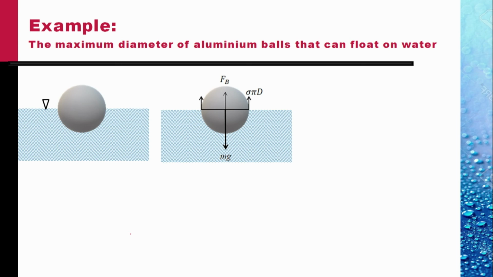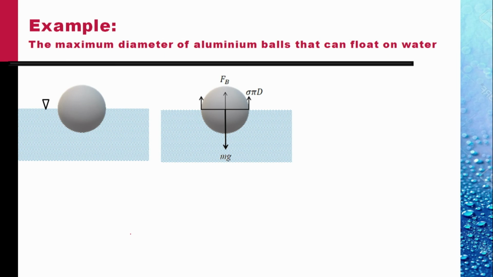Here, the volume of the liquid displaced is equal to half the volume of the sphere, 2 by 3 pi r cubed. And so the buoyancy force would be rho of water times g times 2 by 3 pi r cubed.